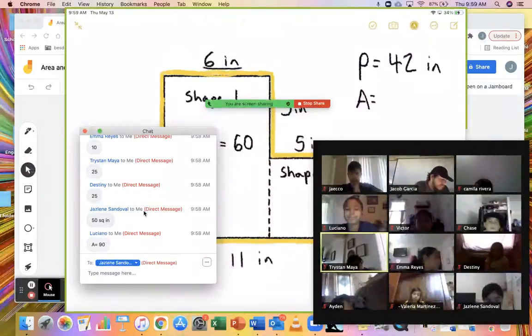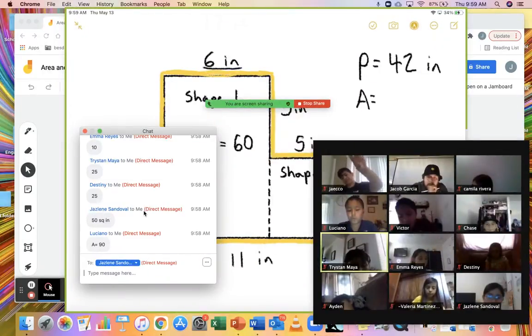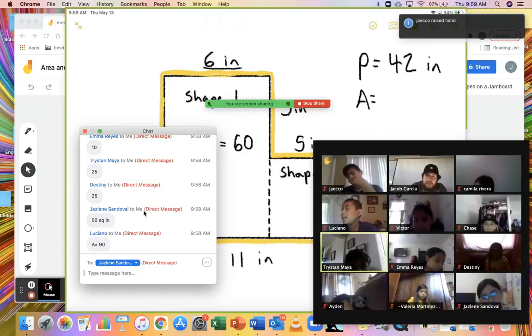60. So we have 60 for our shape 1. 60 what? Let's make sure we write it right. 60 what for our first shape, Tristan? 60, and then we need another. 60 inches?